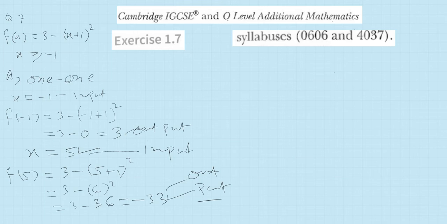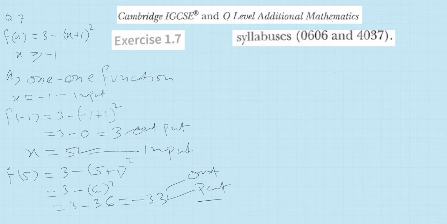You can take any value which is greater than or equal to −1. You will see that for one value of x there is always one value of y. And if the function is one-one, therefore we are able to say that its inverse exists. So what is the answer of this part A? The answer is: because this function is a one-one function. This is just the answer, and below this is the explanation.